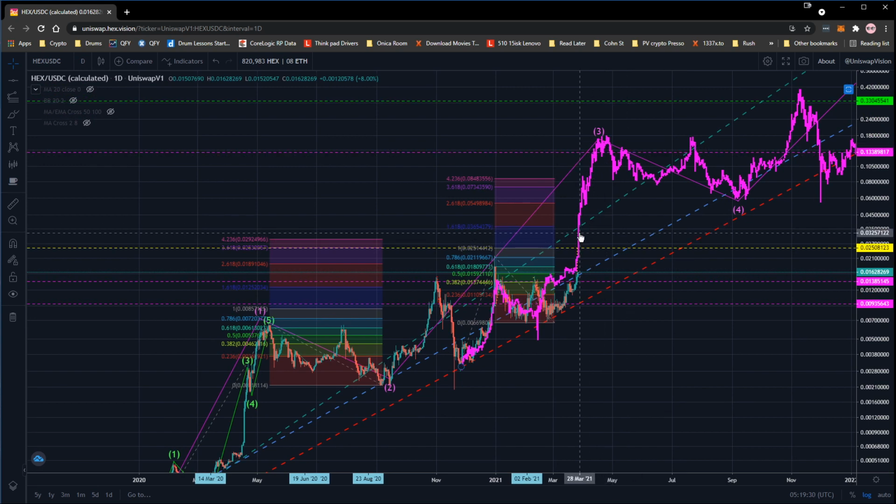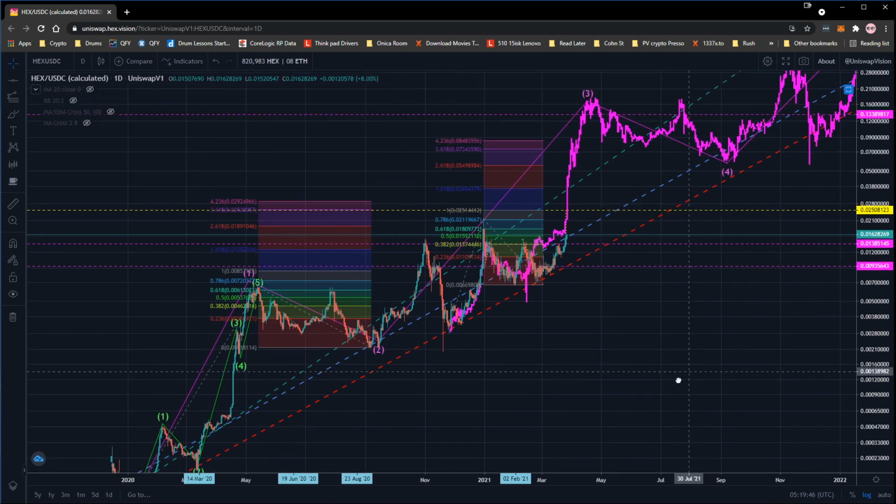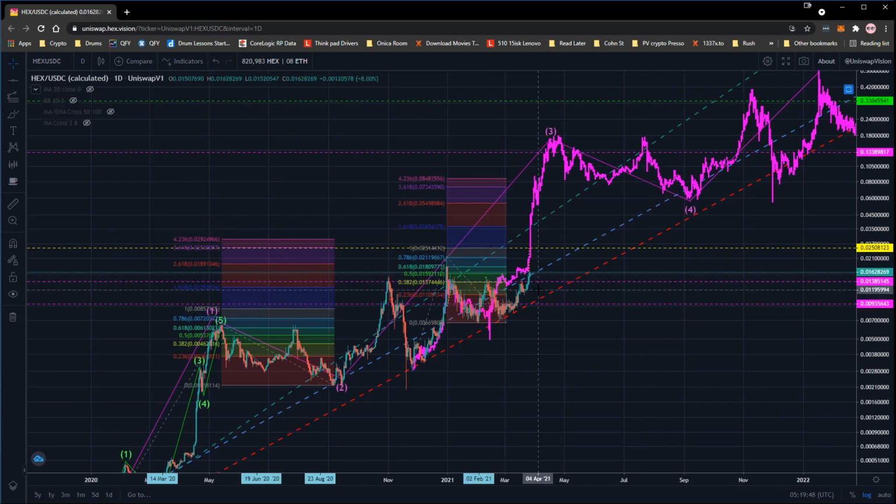So I've sort of said July, so I've sort of pushed it out to maybe sort of this zone here, June, July. I think it might get up there. But just remember, we were way above this green trend line and the blue trend line, and we've just been way below it. So we've been in this massive dip.